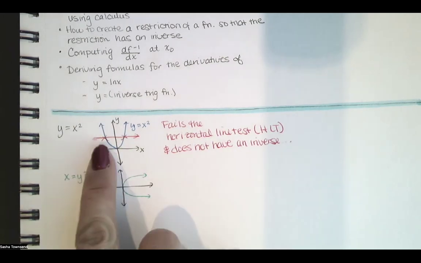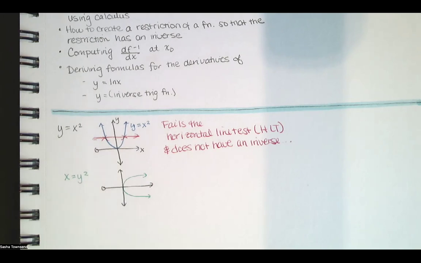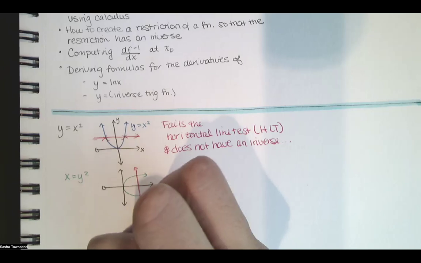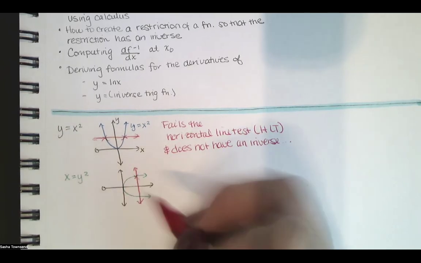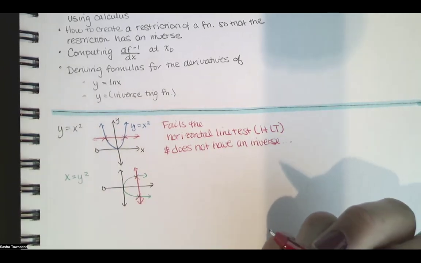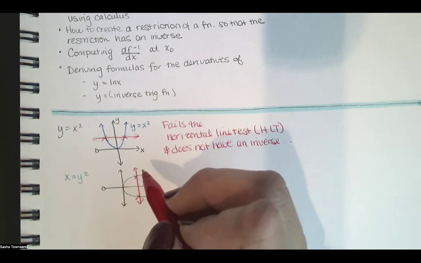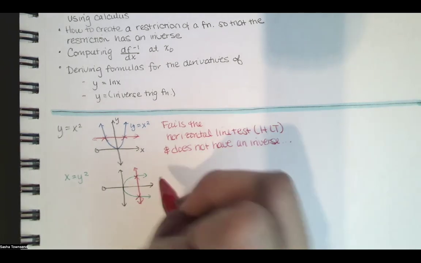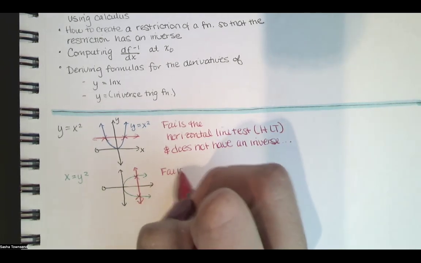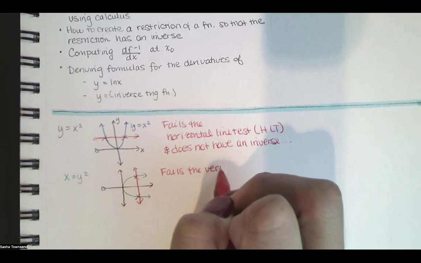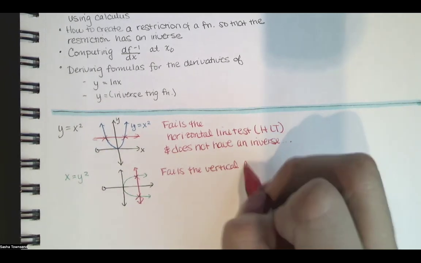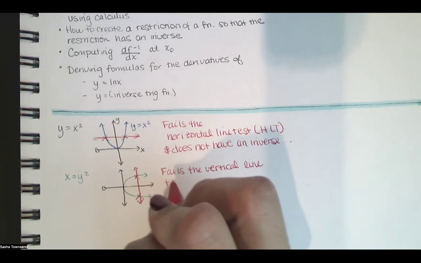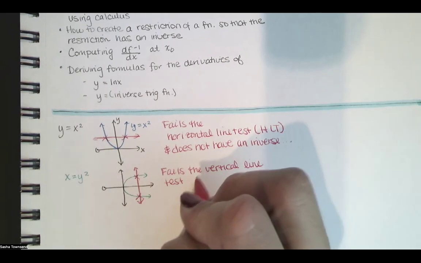And we see that because y equals x squared fails the horizontal line test, the relation x equals y squared is not a function. We've got a vertical line that passes through that graph twice. This relation fails the vertical line test and is therefore not a function. And I'll abbreviate that VLT.